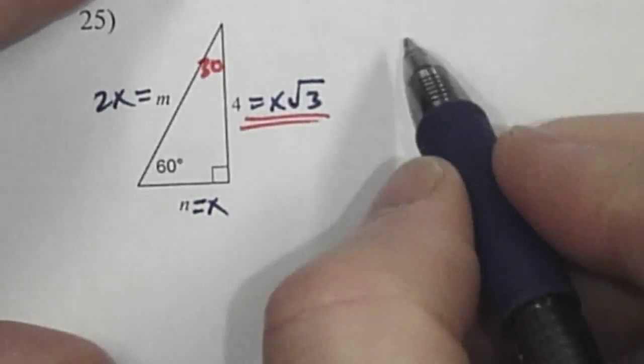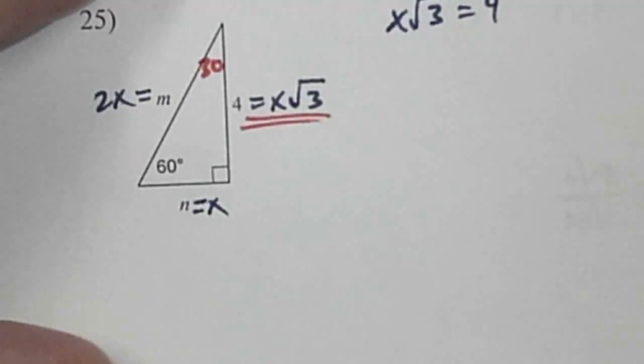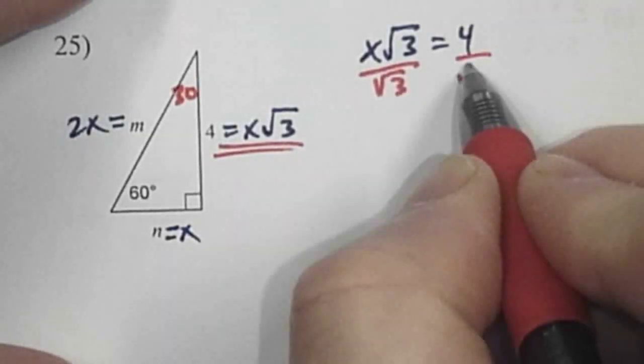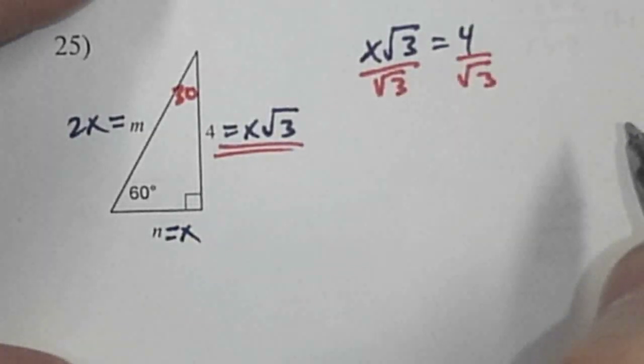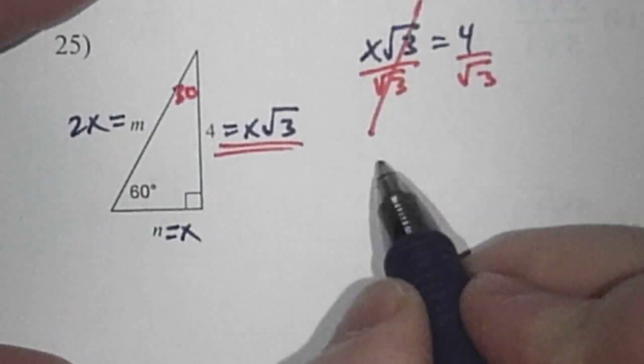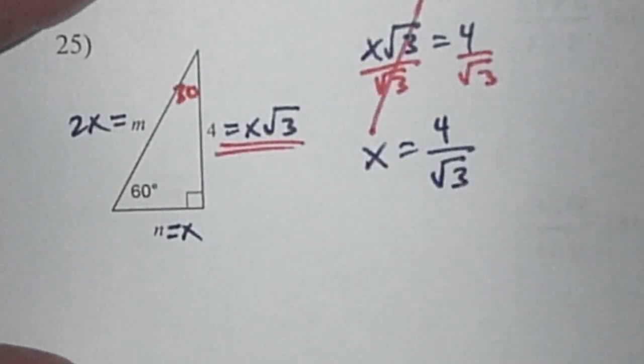So I need to solve that. So I'm going to say x square root 3 equals 4. This gets messy. This is the messiest one. Divide by square root 3 on both sides. That cancels. I get x equals 4 over the square root of 3.